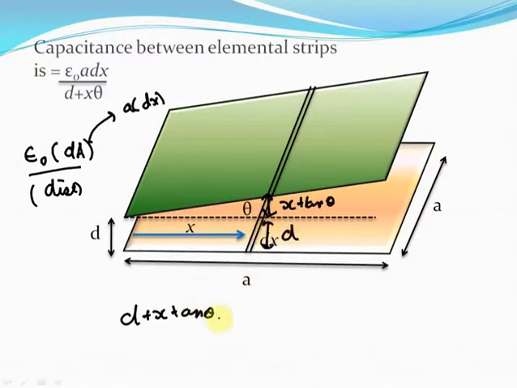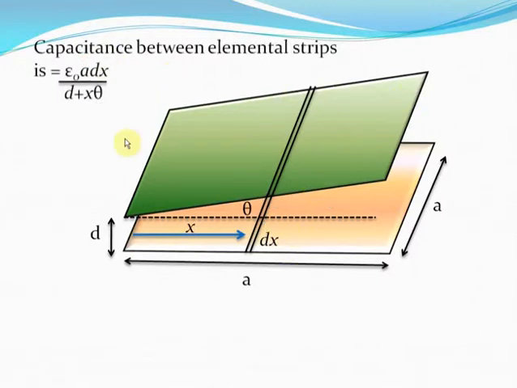Now we know that for small angles of theta, tan theta can be approximately written as theta. And we are given in the question that theta is a very small angle. So I have replaced tan theta by theta here. So that is how the distance has become d plus x theta, and the area of each strip has become a dx.